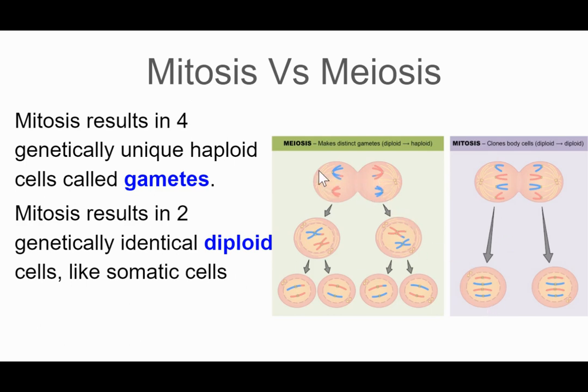So here in our meiosis, we've got one cell that's split into 2, and then we split them again. So we started with 4 chromosomes, and then we end with 2 chromosomes in each. So they are now haploid. Whereas in mitosis, again, we started with the 4 chromosomes, but at the end, we still have 4 chromosomes, and they are all identical to each other.